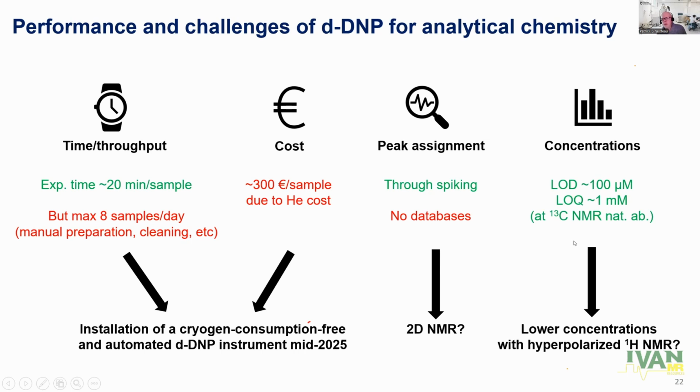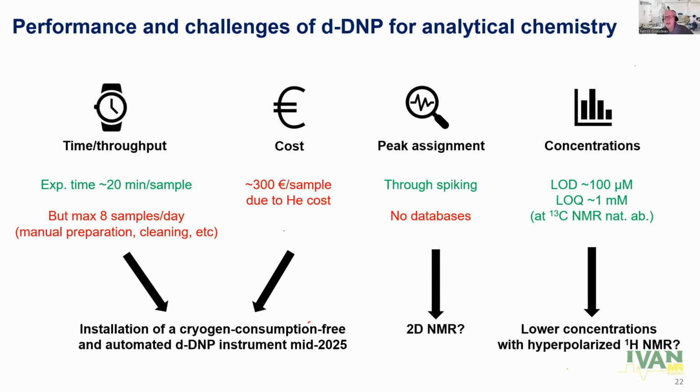So it's already good because we benefit from the good resolution of C13 NMR, but it would be even better if we would be able to do dissolution DNP followed by proton NMR detection, because that would really lower the absolute limit of detection. So we're also working on that.